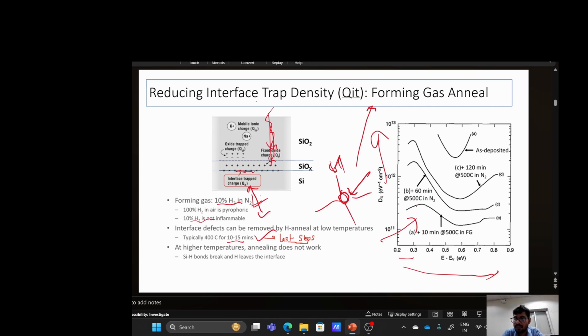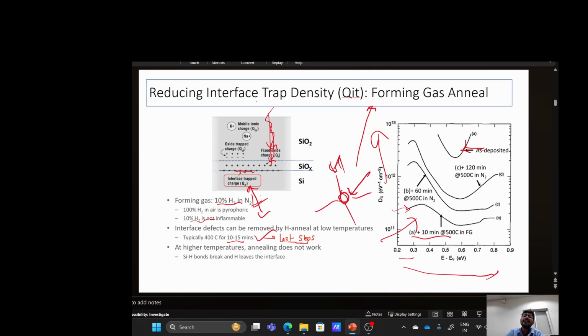This is the kind of defect density we can see through the band gap. Initially it was here as deposited, but as we have annealed for 10 minutes at 500 degrees C in forming gas environment, the defect density has reduced by more than an order.